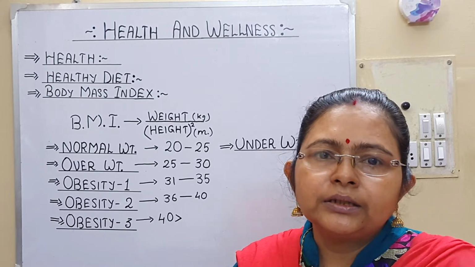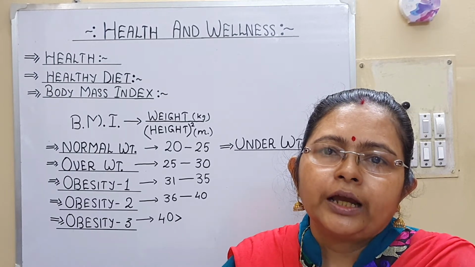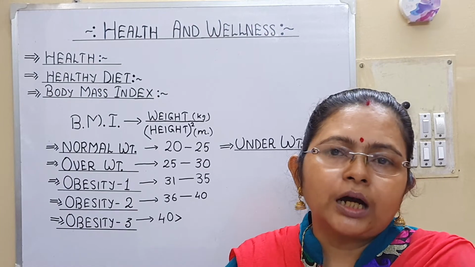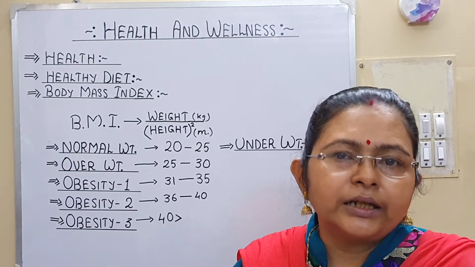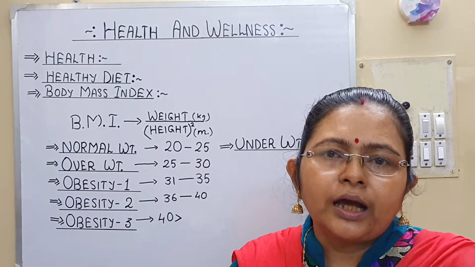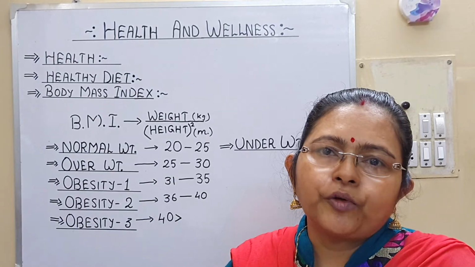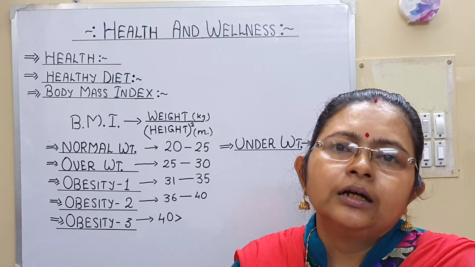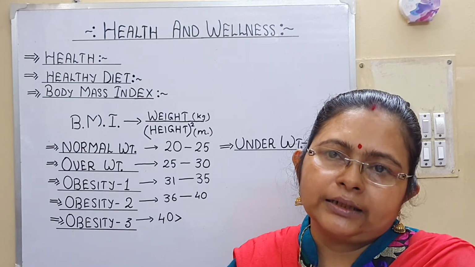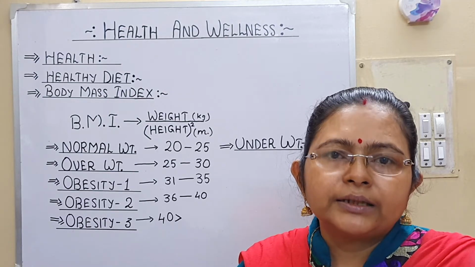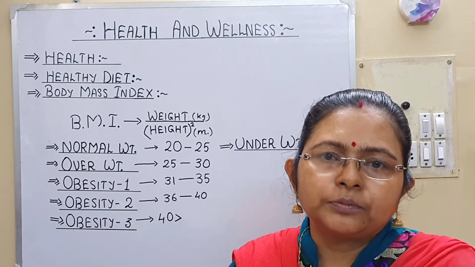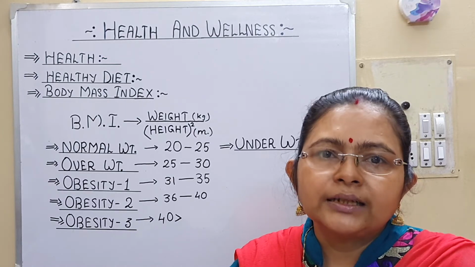The balanced diet means when the person is taking food in the right proportions according to the RDA for the age, height and weight, and the protein, vitamins, minerals and carbohydrates are taken according to the requirement, then that diet is known as the balanced diet. In this balanced diet, we know that there are the basic 5 food groups, and food items must be present from each group. So that is the balanced diet.